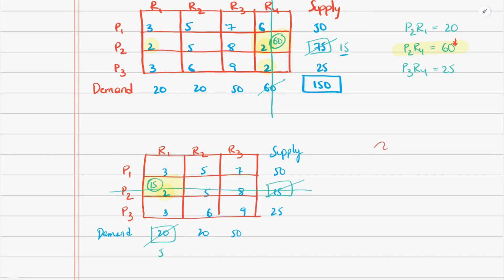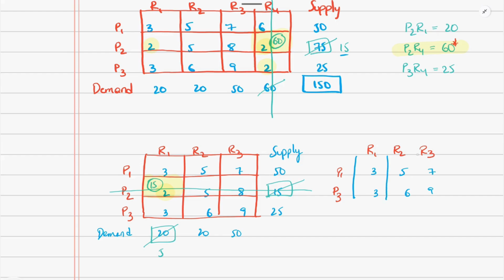Now I'll just write it here, okay? So we have R1, R2 and R3. We have P1. I'm not writing P2, so we have P3. Now what are the costs? The corresponding costs are 3, 5, 7. We have 3, 6, 9. This is eliminated, so 3, 6, 9 is from here.